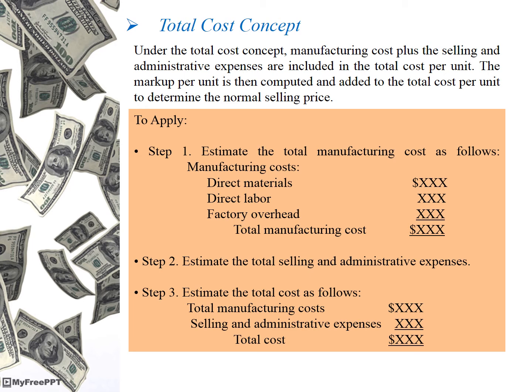Step 2. Estimate the total selling and administrative expenses. Step 3. Estimate the total cost as follows: total manufacturing costs plus selling and administrative expenses is equal to total cost.